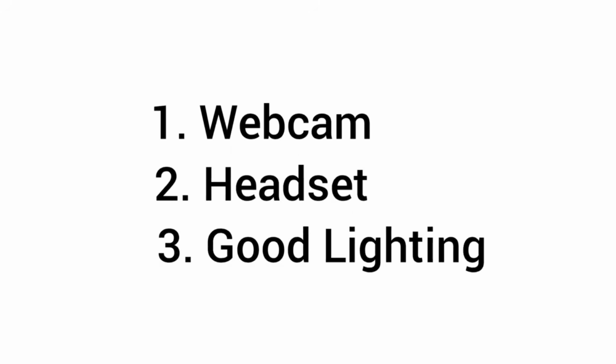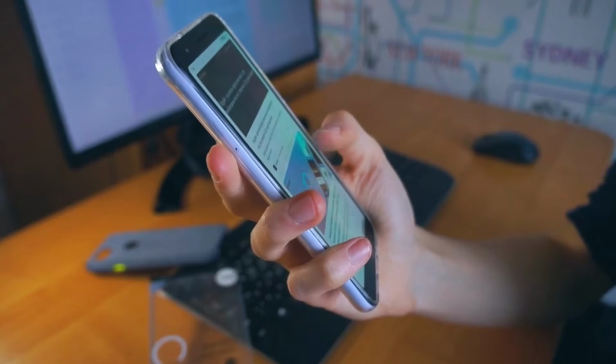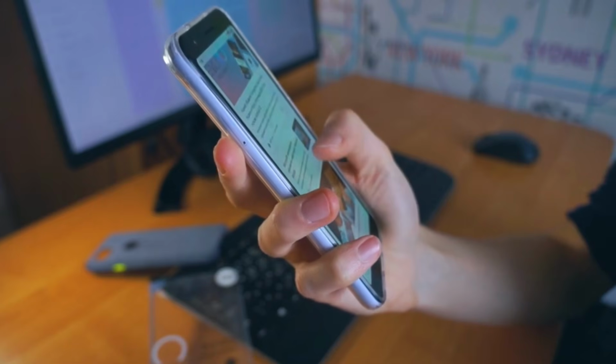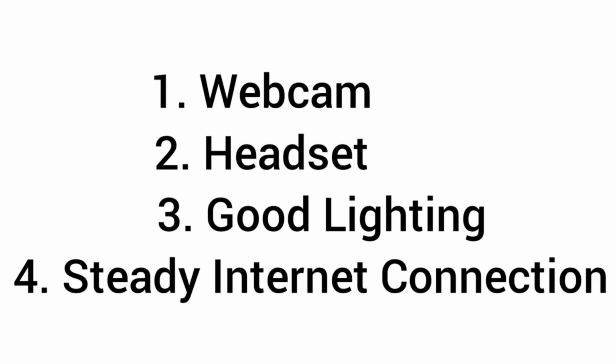You don't need to buy a ring light for this. If you have a window in your room, you can just sit in front of your window. But if you want to invest in this path, then I'll advise you get a ring light. Also worth noting here that for the benefit of the teaching experience, Cambly does not allow teachers to use cell phones or tablets. And finally, yes, you need a steady fast internet connection.